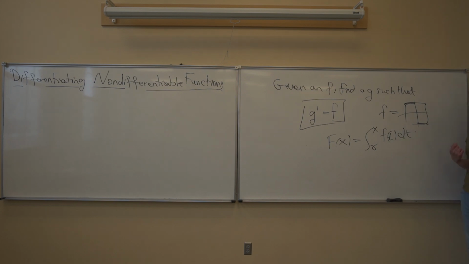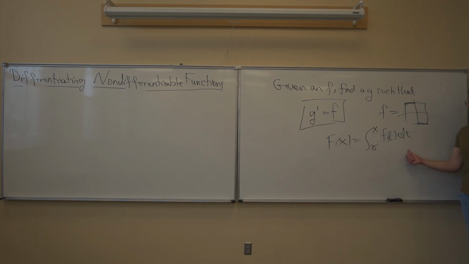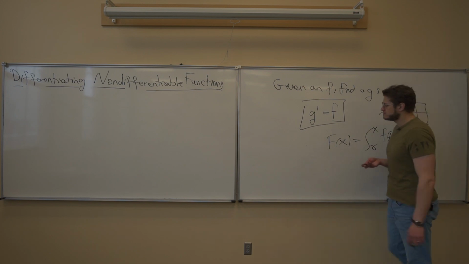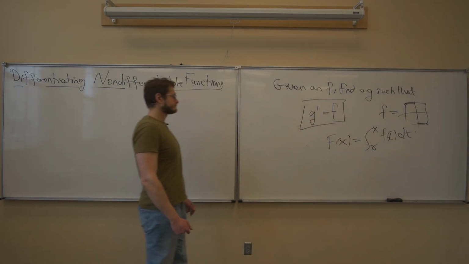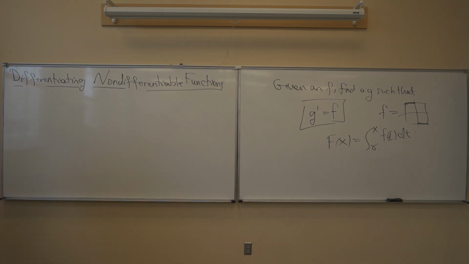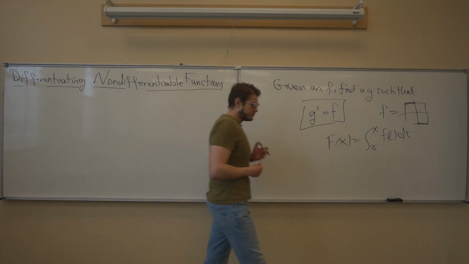For this function, we were able to do this. And even though this is not necessarily differentiable everywhere, it is differentiable at most points. And when it is differentiable, its derivative is this guy. And so it turns out that this happens all the time.